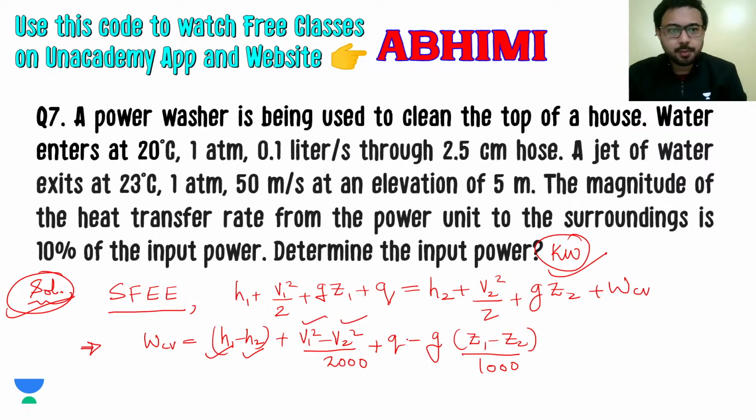So now we have H1 and H2 to calculate, and V1, V2. Q is the magnitude of heat transfer, 0.1 of the input power or work input, because 10% is given. So the work input should be calculated now. H1 minus H2, I should write it here, will be C water times (T1 minus T2).